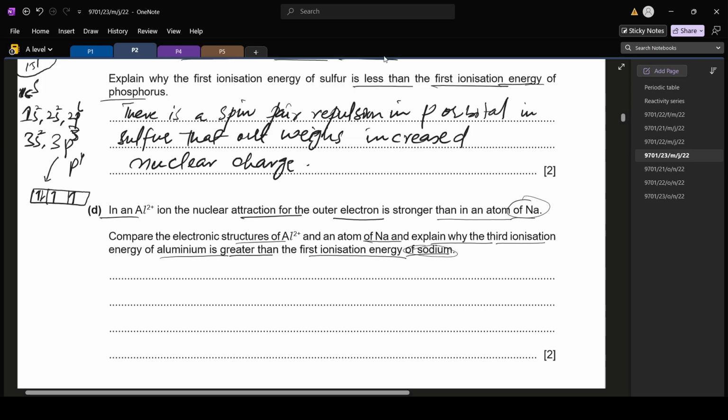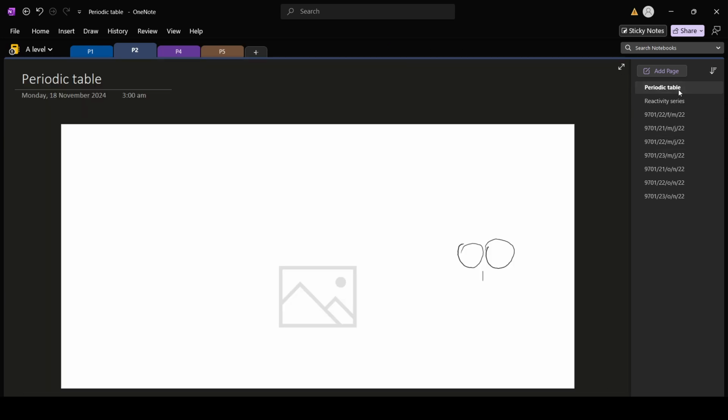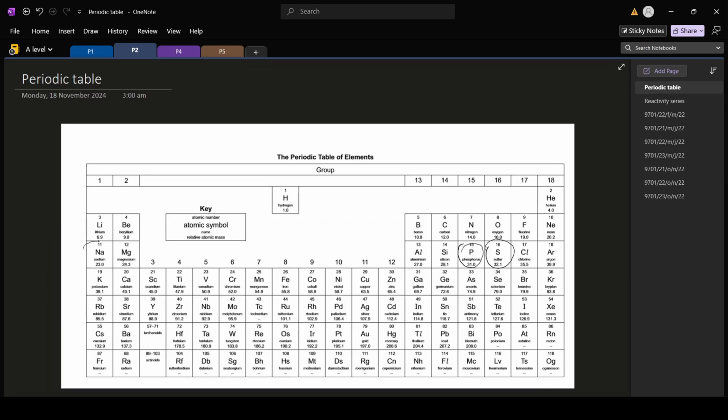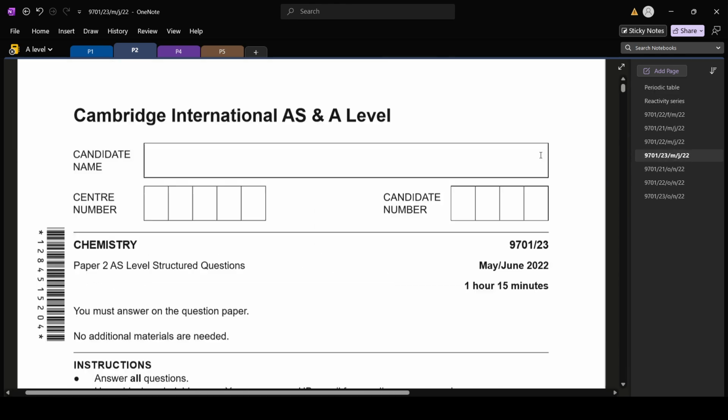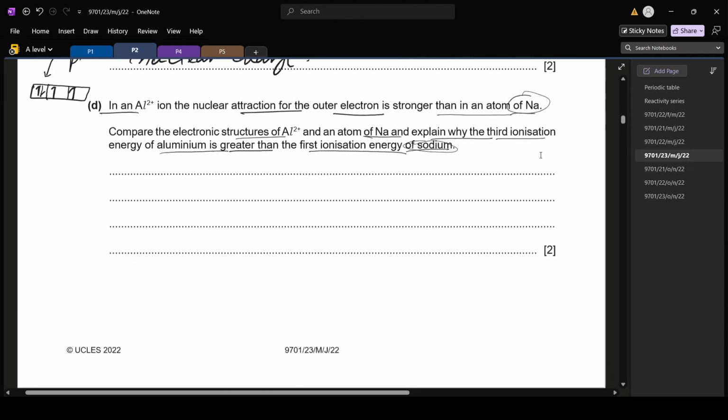In the periodic table, this is sodium and this is aluminum. Sodium has 11 proton number and 11 electrons, and aluminum atom has 13 proton number.